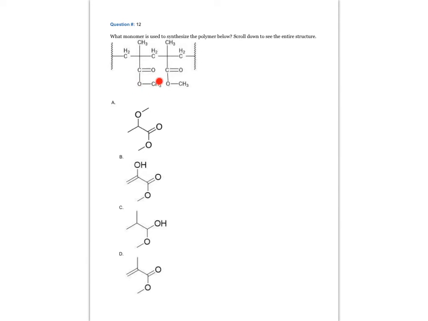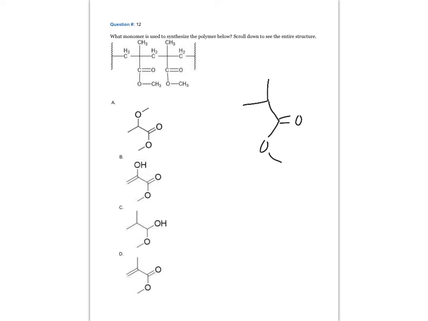So this is an ester. Then it repeats again. So I draw that. Just redraw it to the side. I'm using bond line just because the answers are formatted that way.